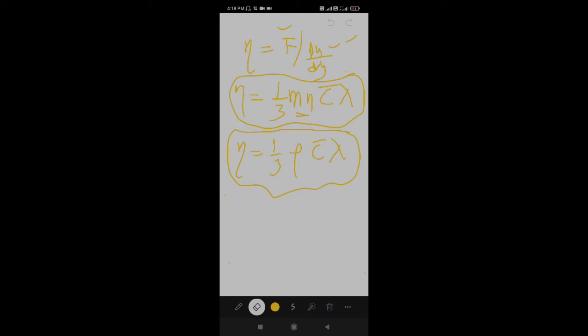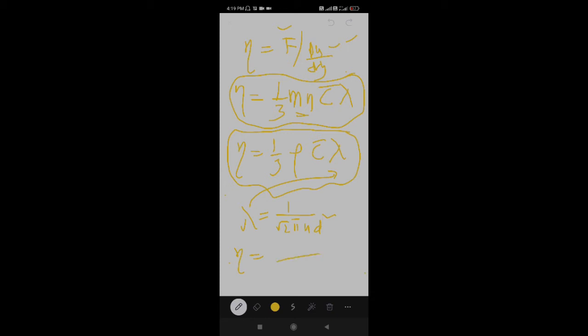Now, the exact expression for lambda is 1 by root 2 pi n d square. Substitute this here, putting in the place of lambda root 2 pi n d square.